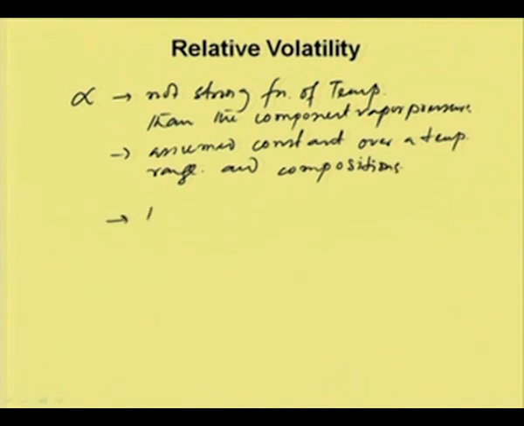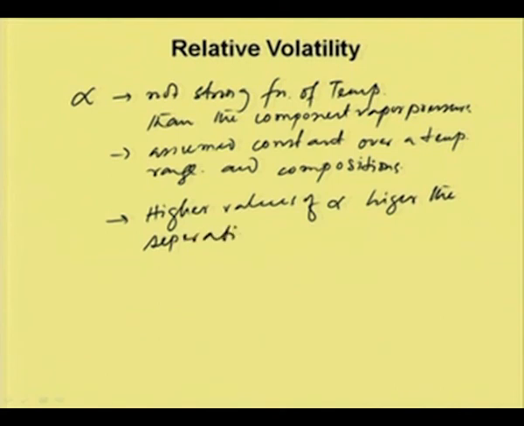Higher values of alpha mean higher separation. If alpha is 1, then separation is not possible.